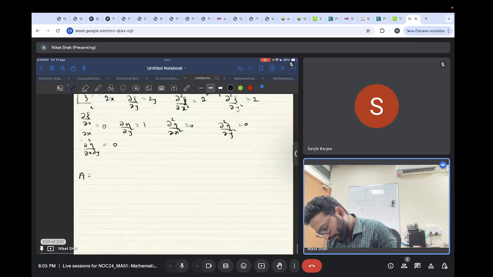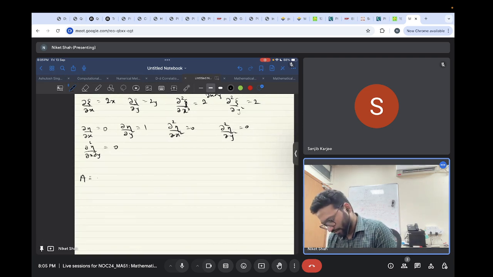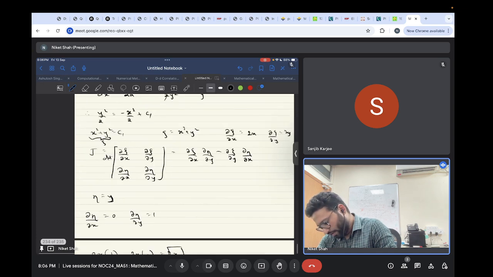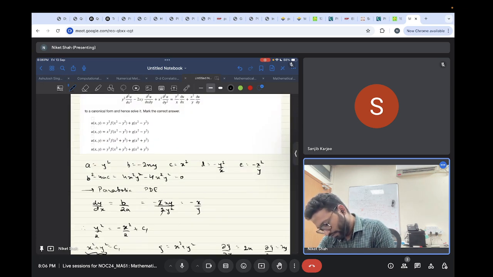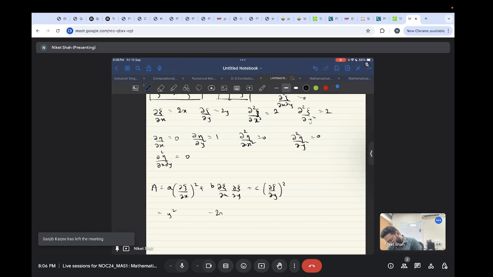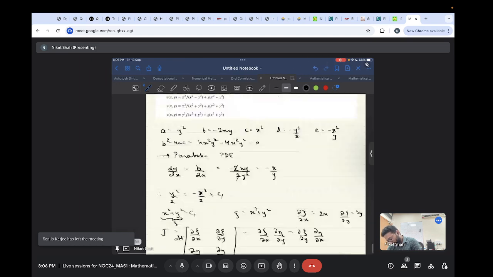All right, so capital A is what? Small a into ∂ψ/∂x the whole square, plus b into ∂ψ/∂x ∂ψ/∂y, plus c into ∂ψ/∂y the whole square. So all I want is a, b, c. a is y square, b is minus 2xy, c is x square.